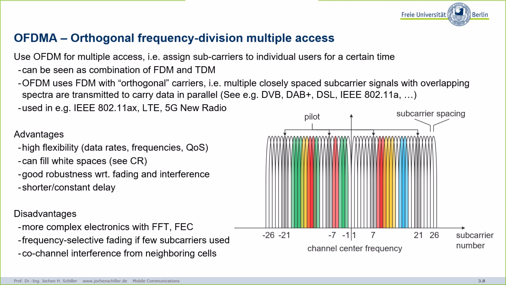Plus, we can send the data of a single user using several subcarriers. This has many advantages, especially if you have narrowband interference. Assume you have interference somewhere in the spectrum, killing parts of the green user, you still have enough subcarriers to survive and receive the data.